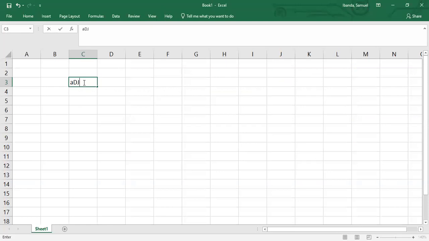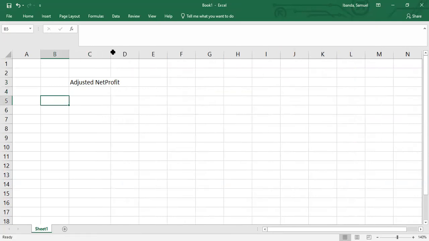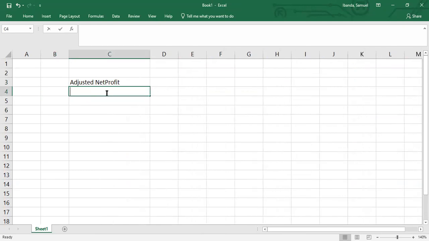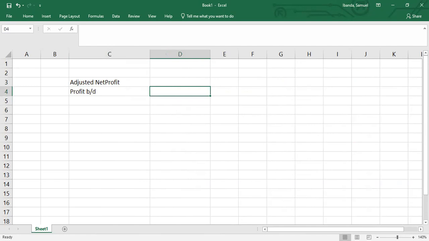So I'll just call this adjusted net profit. I'll start with profit brought down. This profit that is brought down is the one that we already have, and then I'll keep on adjusting it accordingly.